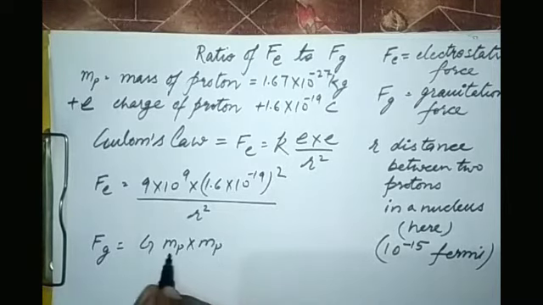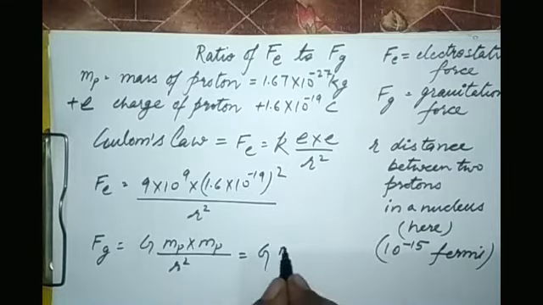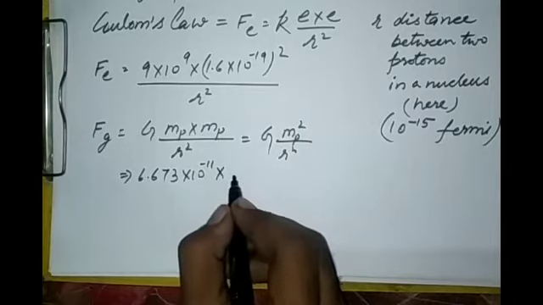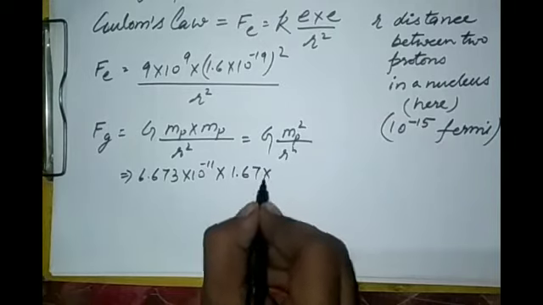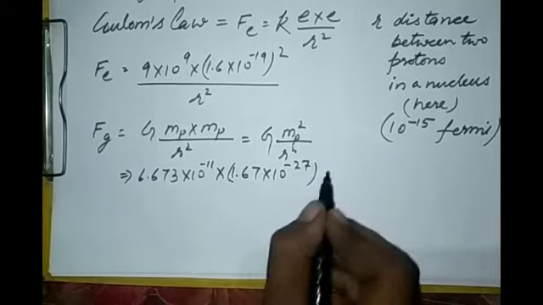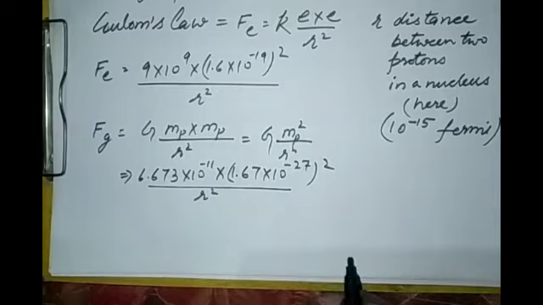So here the gravitational force Fg is equal to G times Mp times Mp over r squared. The value of G, we know, is 6.673 times 10 to the minus 11 times the mass of proton, which is 1.67 times 10 to the minus 27 kg, squared, over r squared.